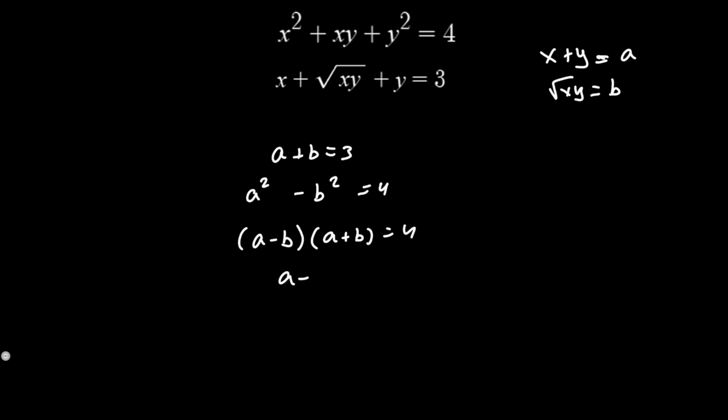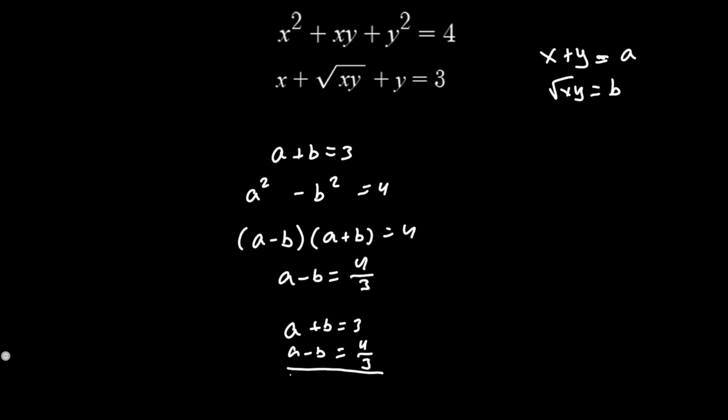And we know that a minus b is going to be equal to 4 over 3, because a plus b is 3. So now we are just tasked with solving for a plus b equals 3, and a minus b is equal to 4 over 3.